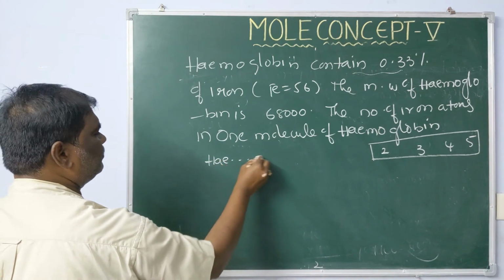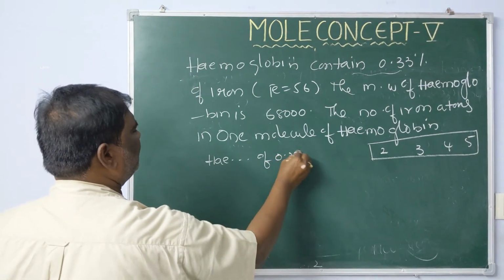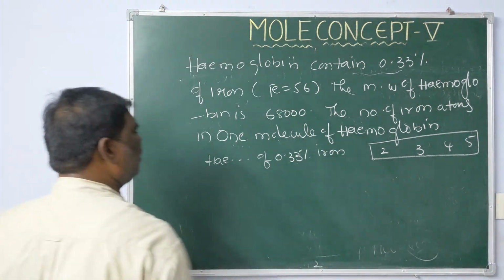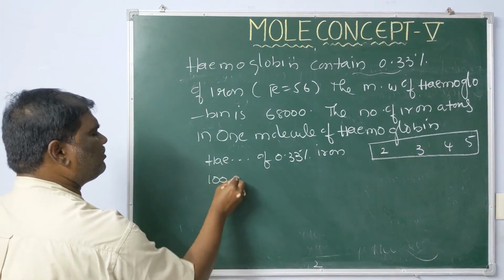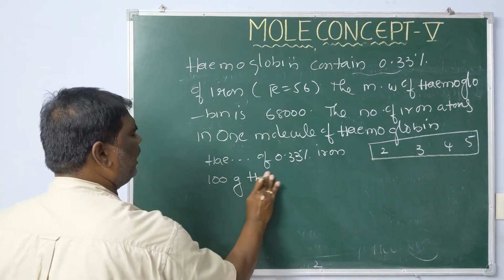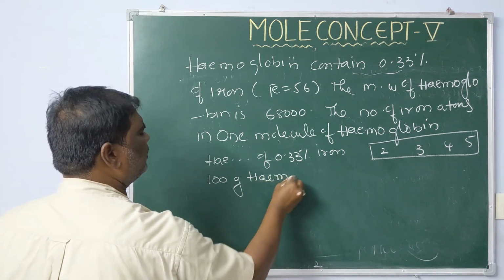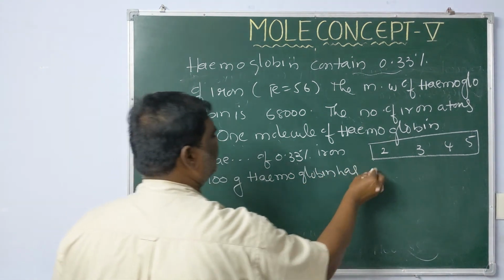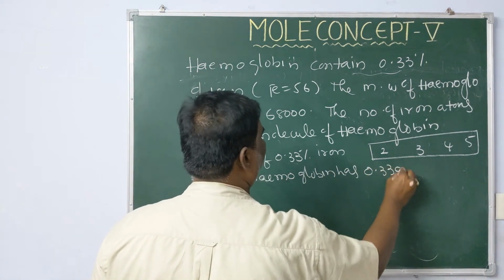Hemoglobin of 0.33% iron means 100 grams of hemoglobin has 0.33 grams of iron.